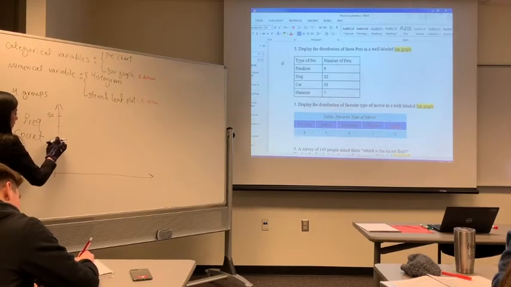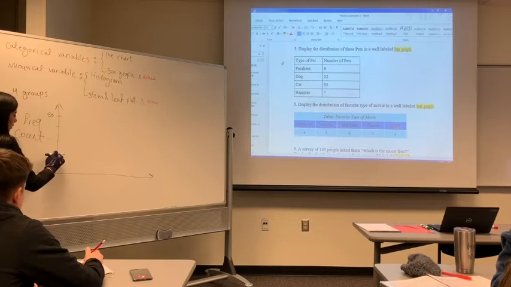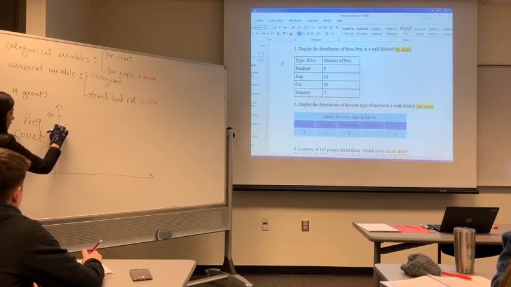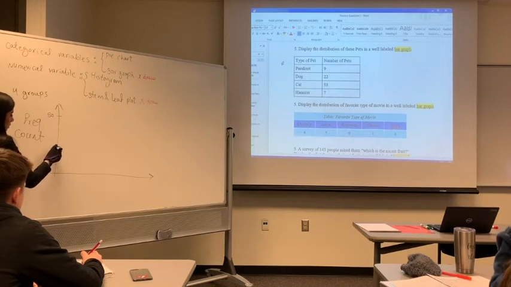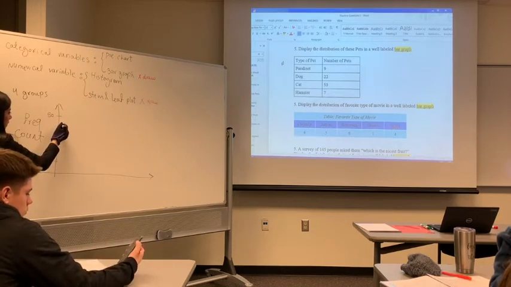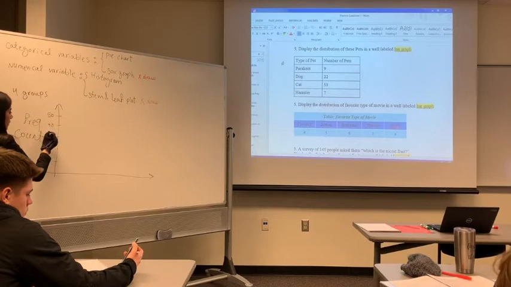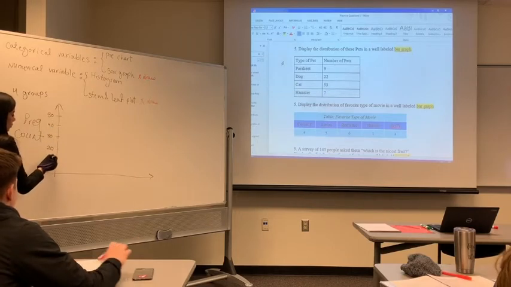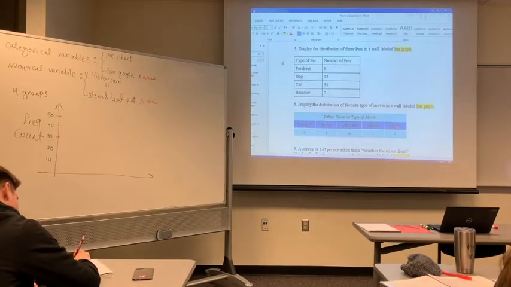Let me separate it into 5 parts, because I said 50 is here. So 1, 2, 3, 4, 5. So 40, 30, 20, 10. Good? So I just measured this axis.